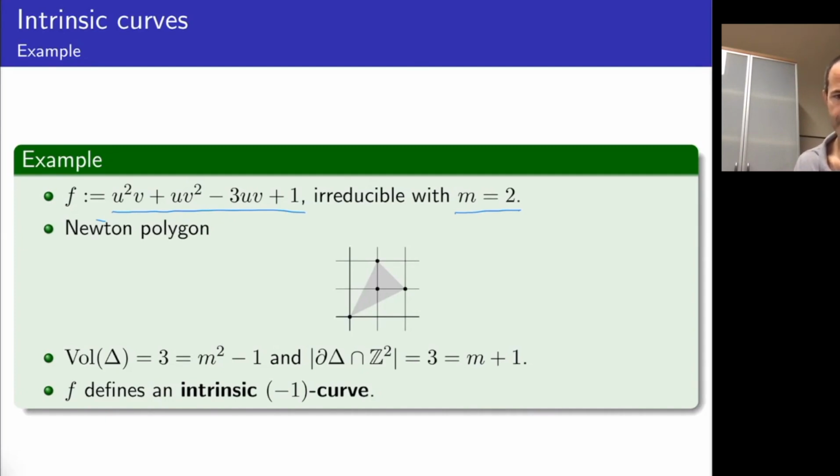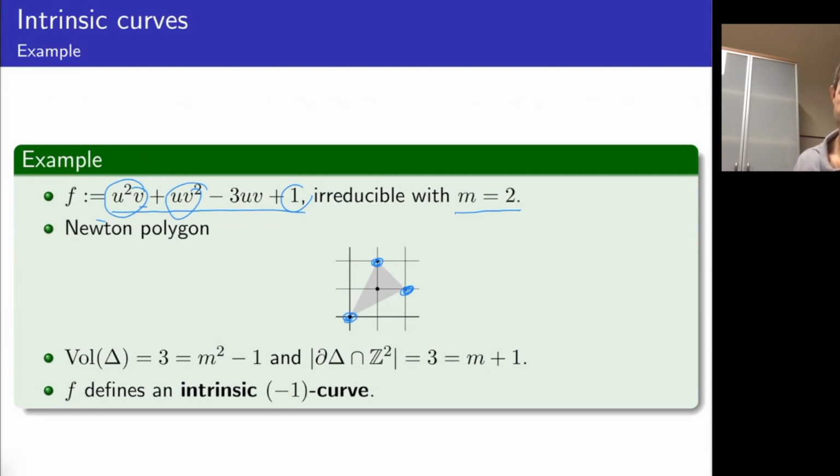The Newton polygon is the triangle I drew before, because this monomial corresponds to these points, 2, 1, and so on, 1, 2, 0, 0. So this is the Newton polygon of this polynomial. The volume, which is twice the area, is 3, which is m squared minus 1.